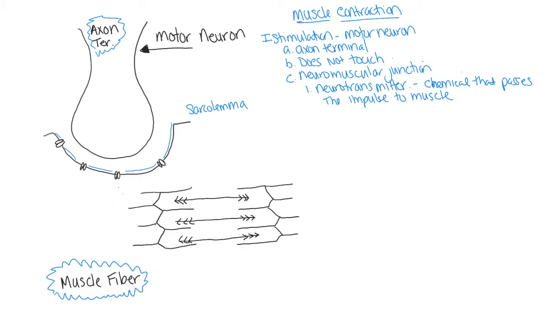So a neurotransmitter is going to be the chemical that passes the impulse from the axon terminal to the muscle. So we're going to need some kind of neurotransmitter in that neuromuscular junction right there.